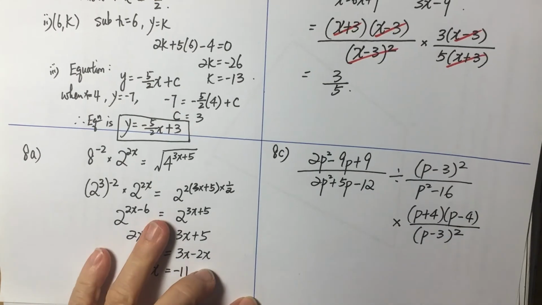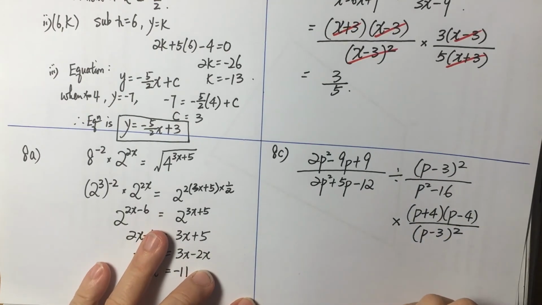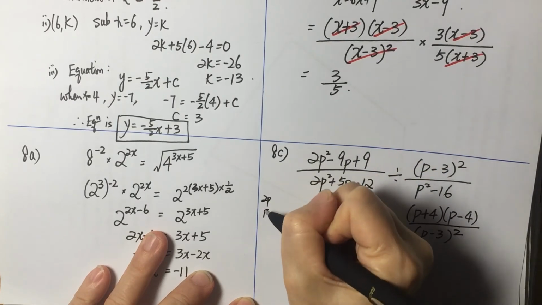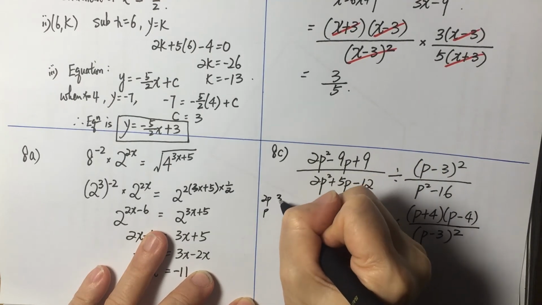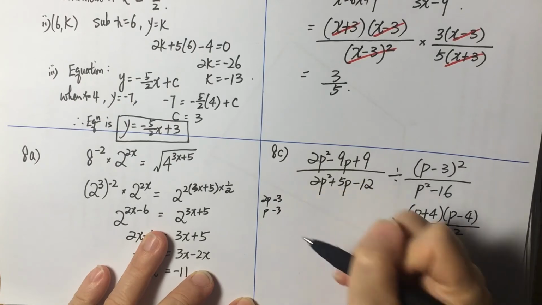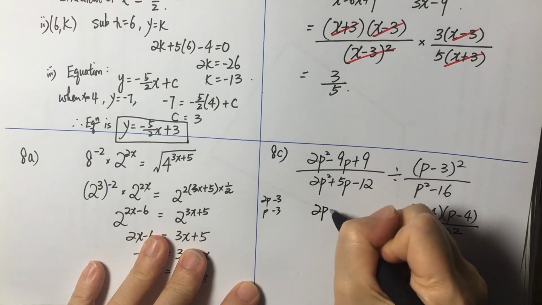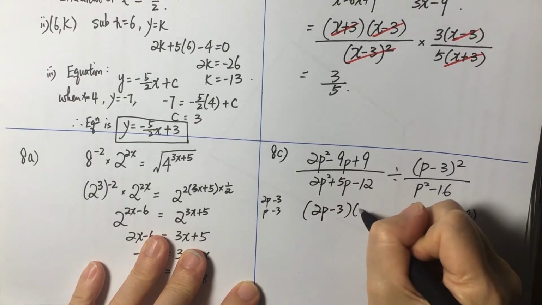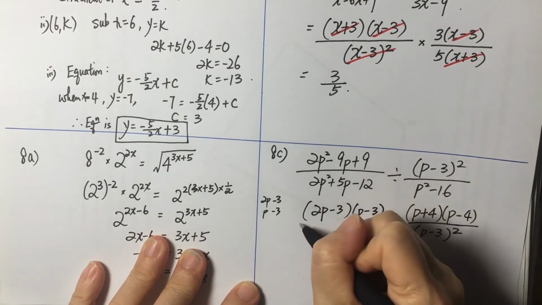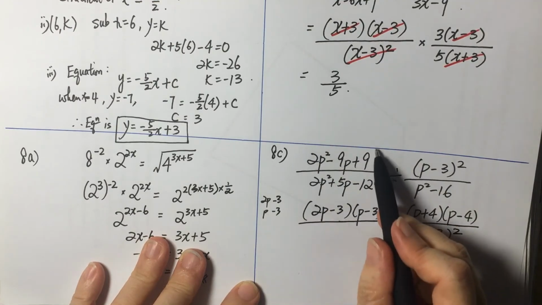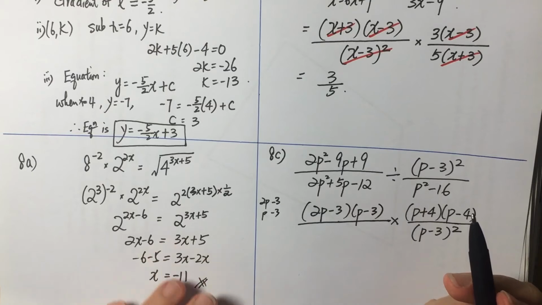Okay. Next, 2p squared. So 2p, and I have 3, negative 3, negative 3. So can I get a negative 9? Yes. (2p minus 3) times (p minus 3). So that will be the factor form of this expression.